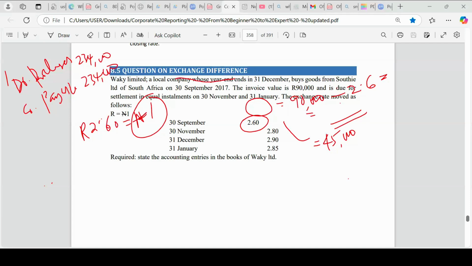So what is 90,000 divided by 2.6? Anybody, please? I got 34,615.38.